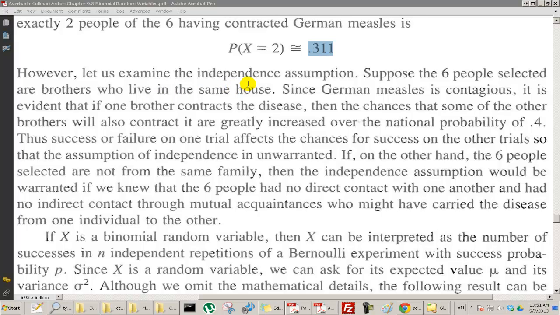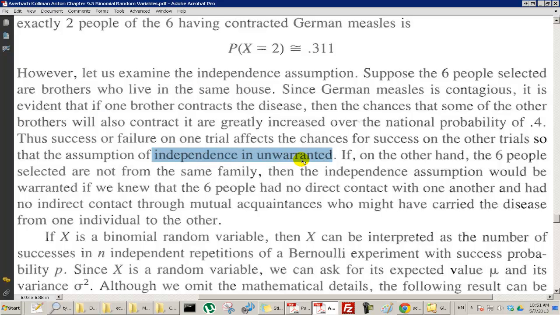Suppose the 6 people selected are brothers who live in the same house. Since German measles is contagious, it's evident that if one brother contracts the disease, then the chances that some of the other brothers will also contract it are greatly increased over the national probability of 0.4. Thus, success or failure on one trial affects the chances of success on the other trials, so that the assumption of independence is unwarranted.